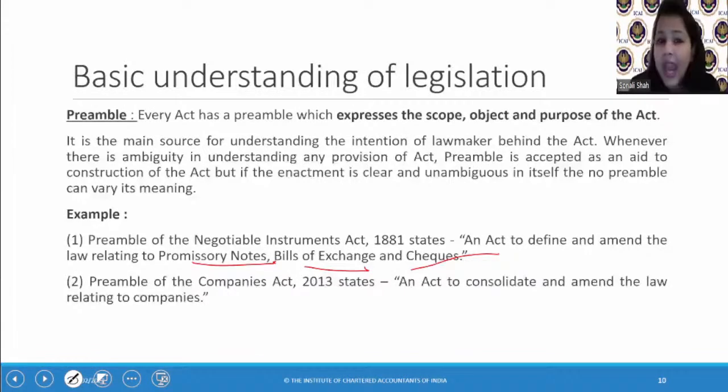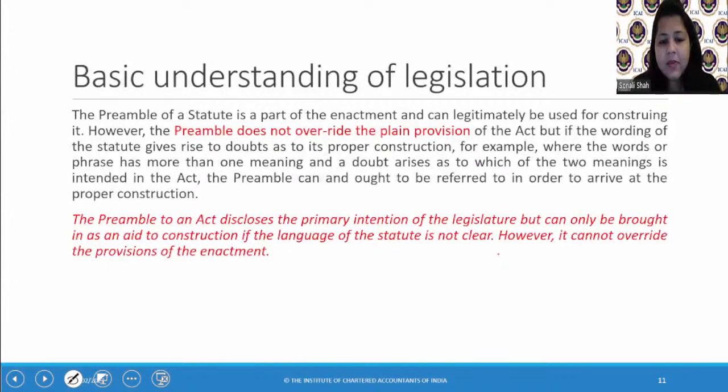But we look at the preamble as an aid of construction only when there is an ambiguity. Whenever the language of the legislation is clear and unambiguous, in that case, you do not look to the preamble for interpretation. Correct?